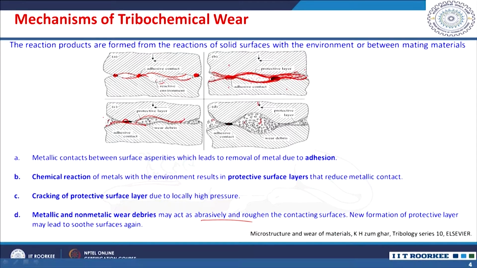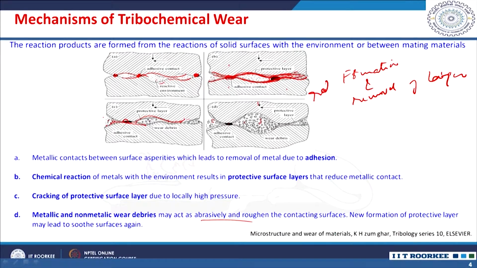But as the pressure is increased at the contacts, the layers are broken and the wear is removed as debris. Then again there is a protective layer. So it is a continuous formation of a layer and continuous removal of this layer, and they actually contribute to the tribochemical wear.